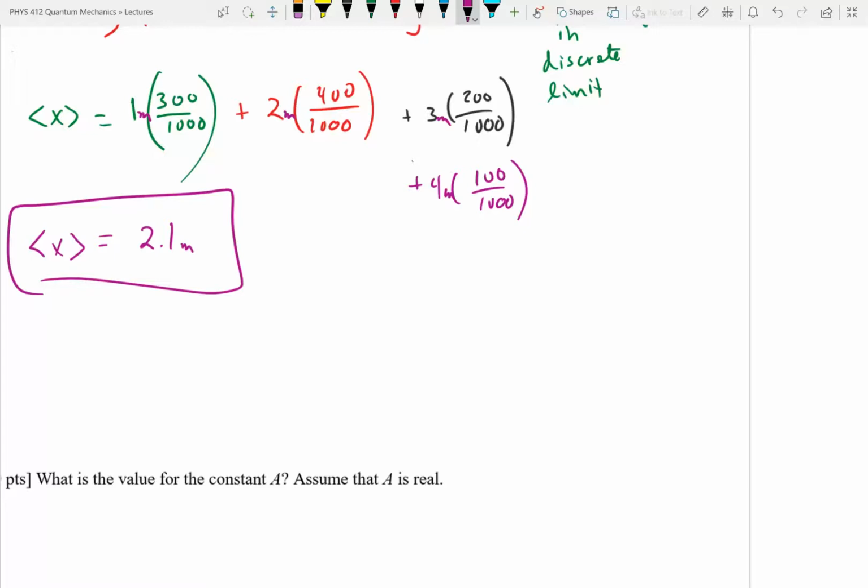What do I need to do to find the standard deviation? I don't remember which way it is actually. That's why I give you equation sheets. Figure out which one is real and which one's imaginary. It's the real one.